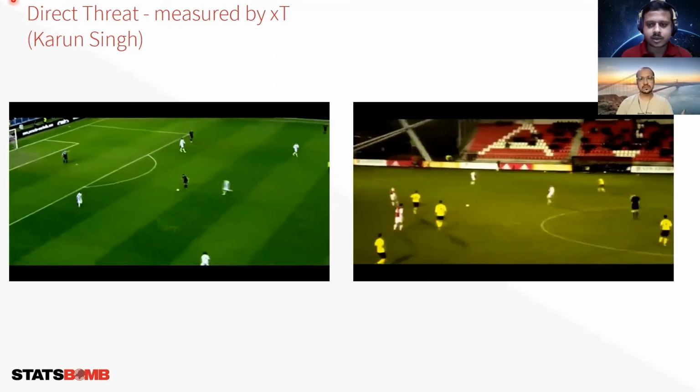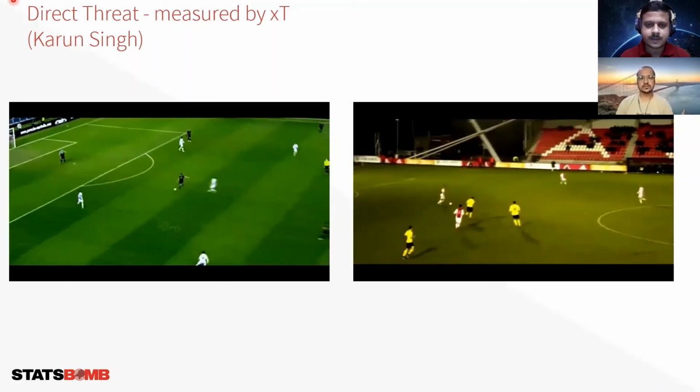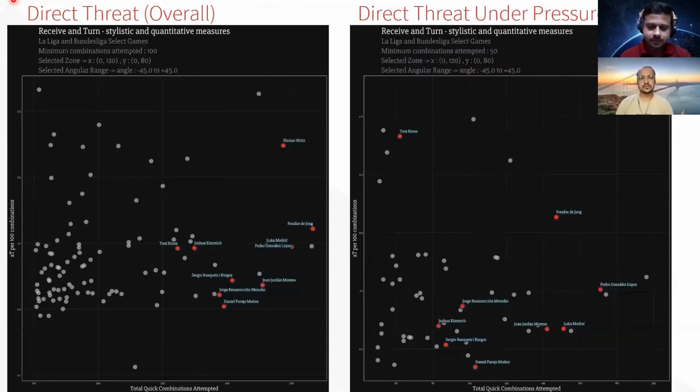And so we can aggregate the expected threat value for all such actions and present them as a scatter plot here. We have decided to normalize per 100 such combinations because these players will have played a different number of combinations purely due to the fact that they have played a different number of matches and different number of minutes.